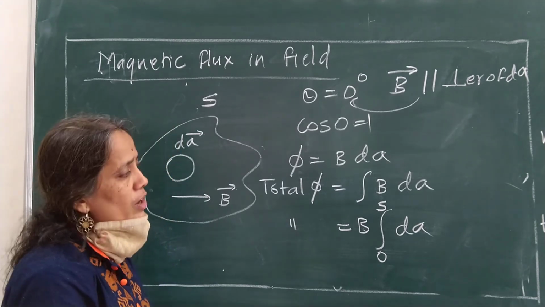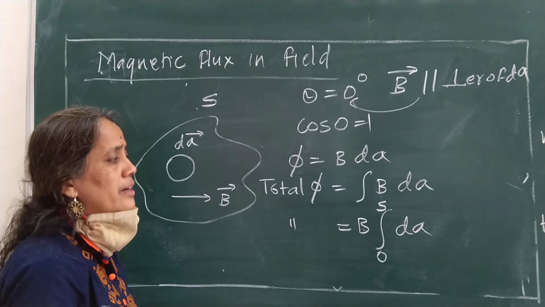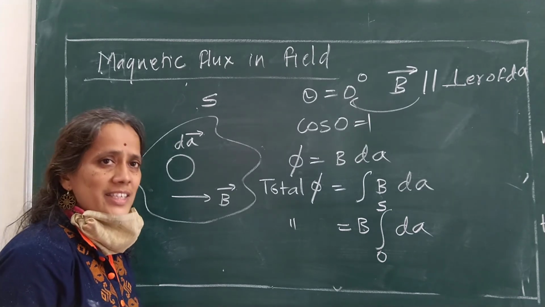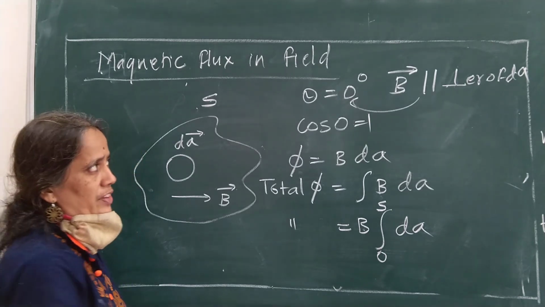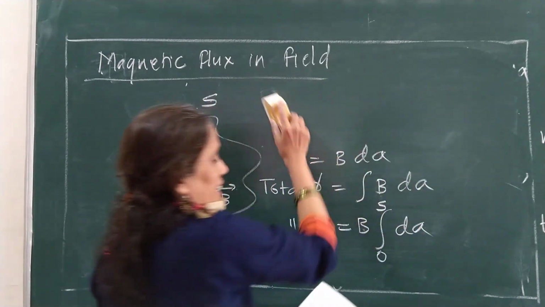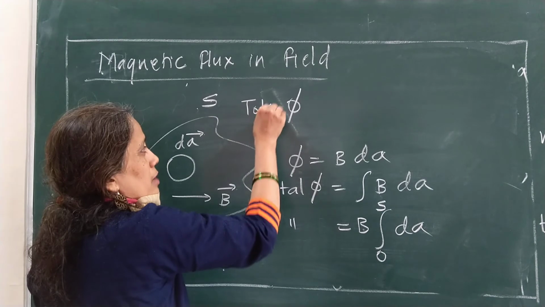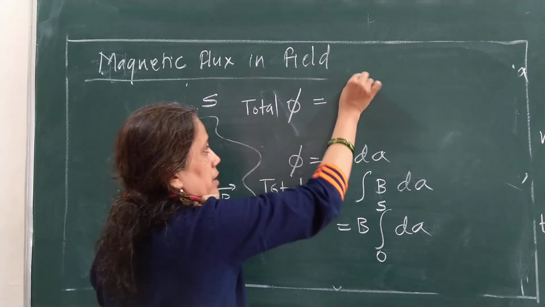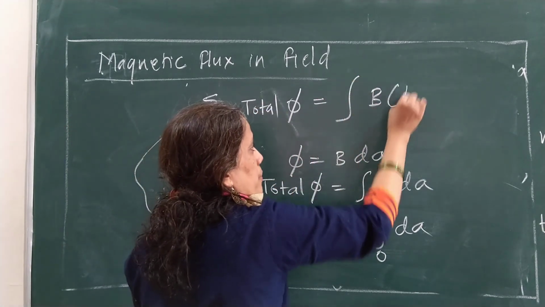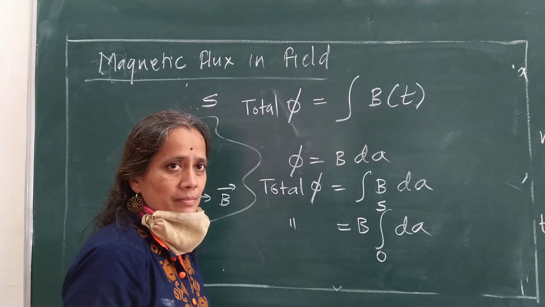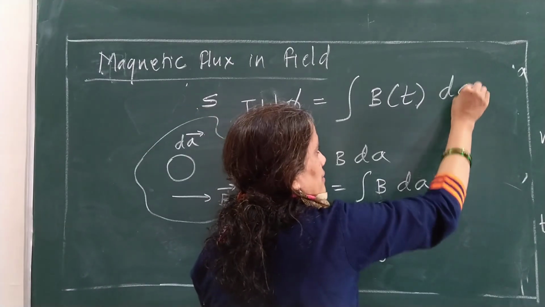But now sometimes what happens? Sometimes the conductor is stationary in a varying magnetic field. When the conductor is stationary in the varying magnetic field, at that time I can write your total flux as the integration of B dt into dA.